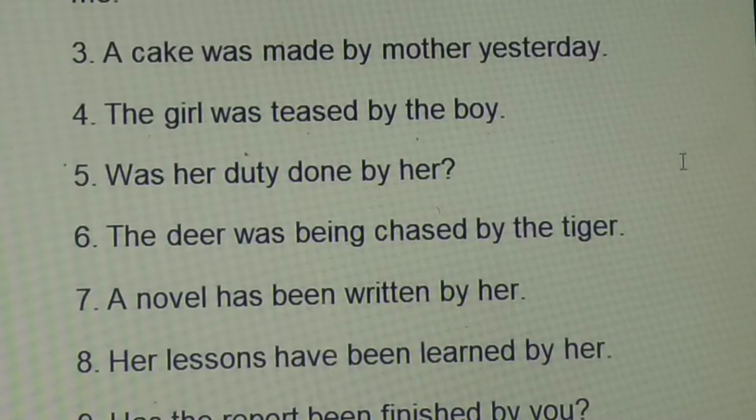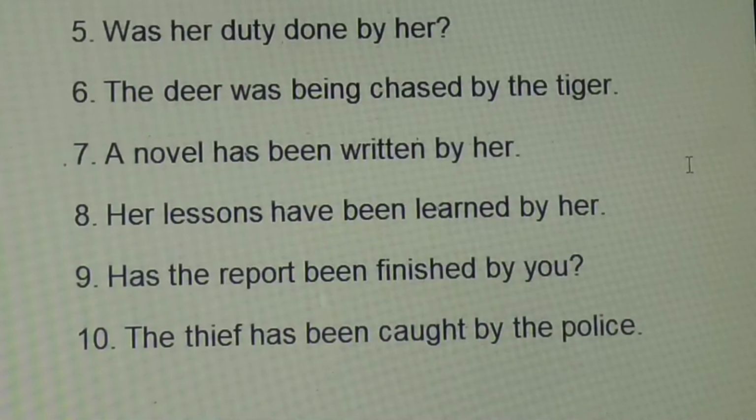Then we have the sixth answer, the seventh and the eighth. Please check. So here are the 10 answers. Kindly check whether you got them all right, children. If not, please do the correction so that you learn. Again and again, I am repeating this.